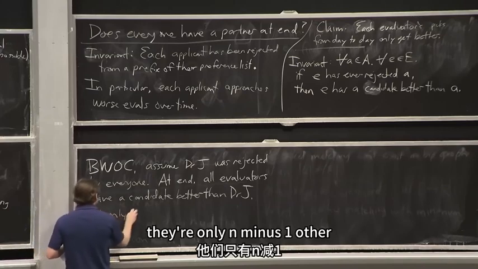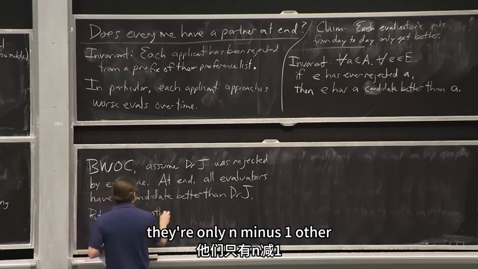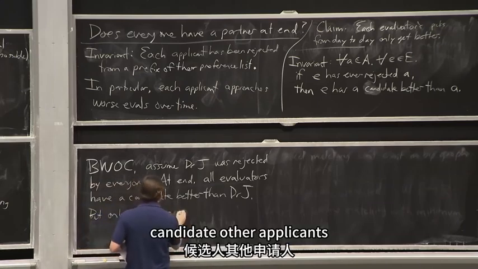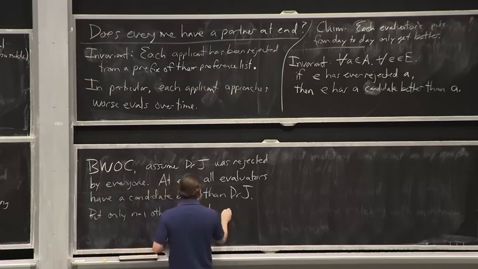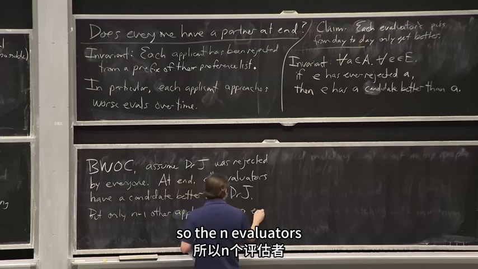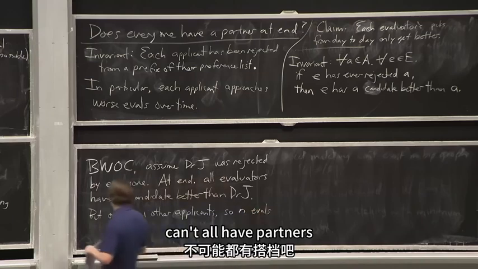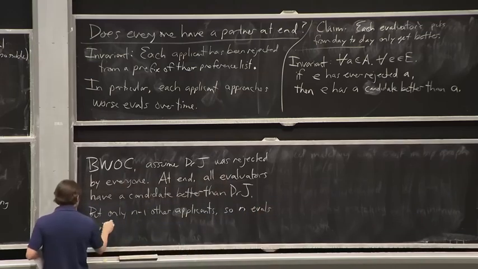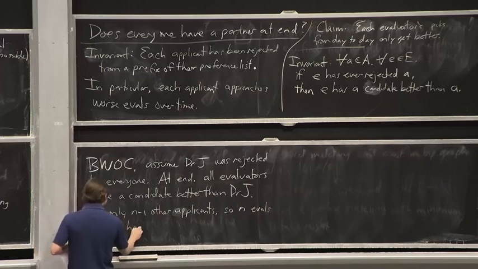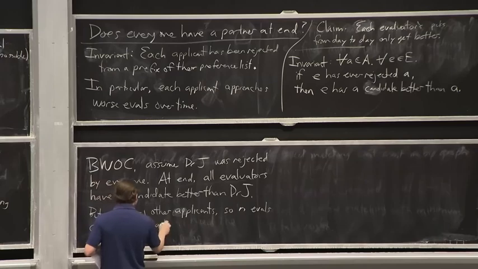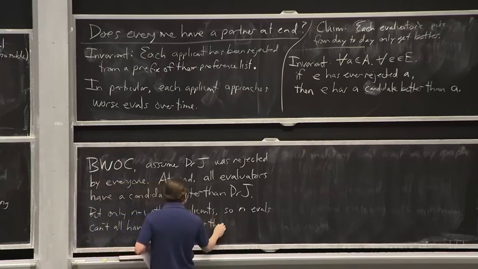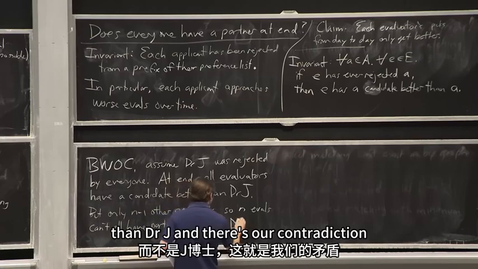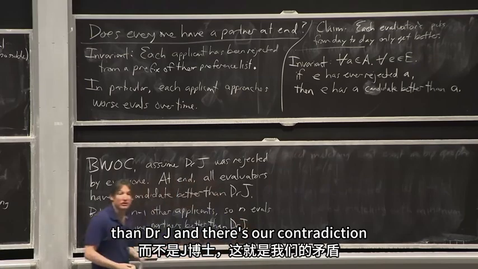But there are only n minus 1 other applicants. So the n evaluators can't all have partners better than Dr. J. And there's our contradiction.